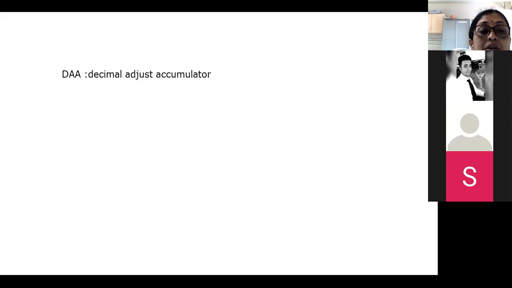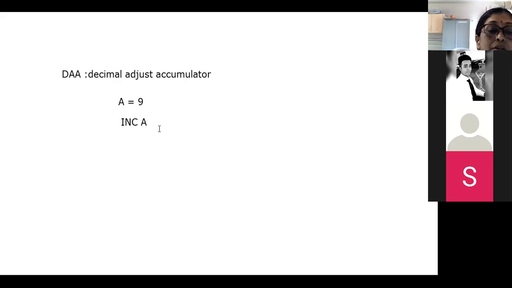Suppose, for example, in case of increment, consider you are using the increment instruction with the accumulator. Suppose your accumulator contains 9, and you execute the instruction INC A. After execution of the instruction, what will be the result, students?